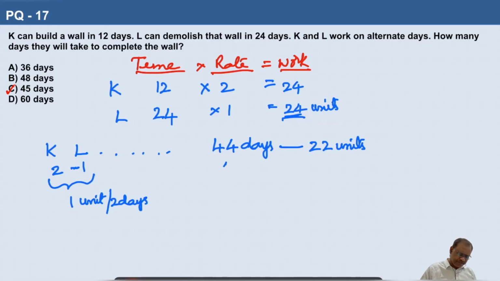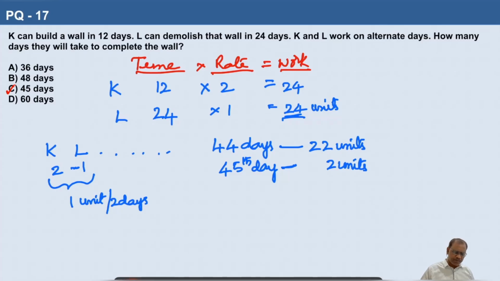Next, who will work on the 45th day? K will work on the 45th day. So he will build the wall and do 2 units. So now 24 units are completed on the 45th day.